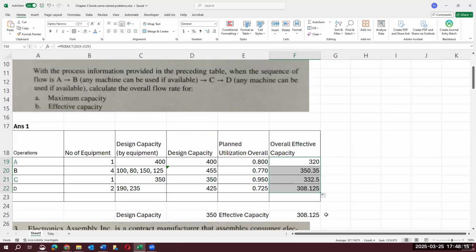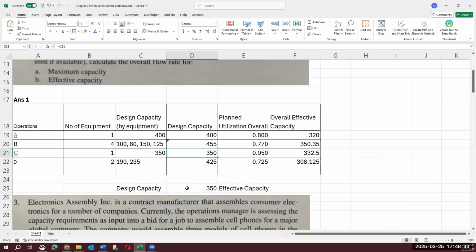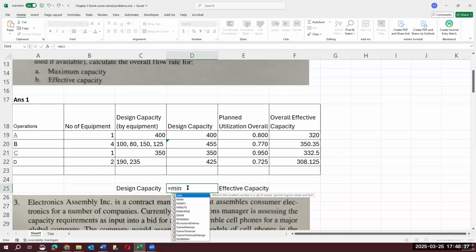And effective capacity, let's just do this. So system capacity, what is the system capacity by design? It looks like since C is the bottleneck, that will dictate how much you can produce. So this really the smallest number, 350 is what that can flow through the system. So design capacity is going to be simply minimum of these numbers here.